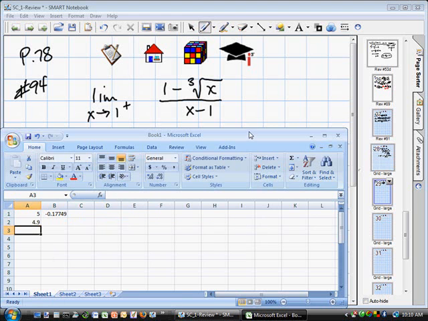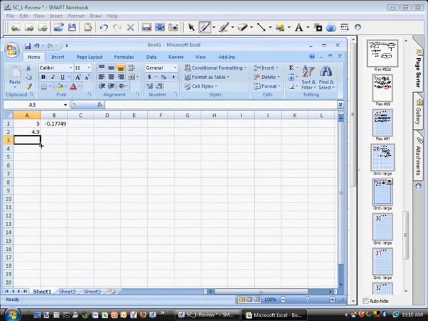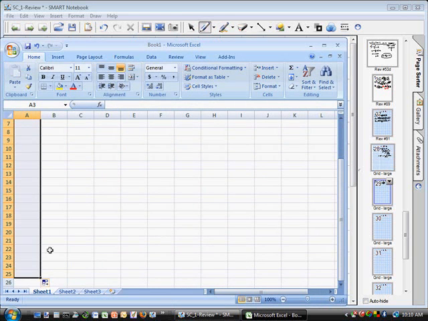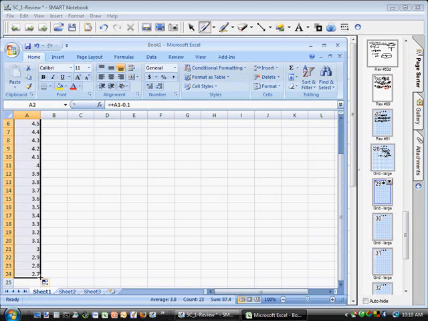Now copy this down. That didn't do it. Okay, now I went past 1. That's good. Now all I have to do is copy this formula down.